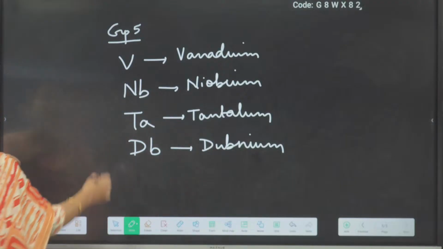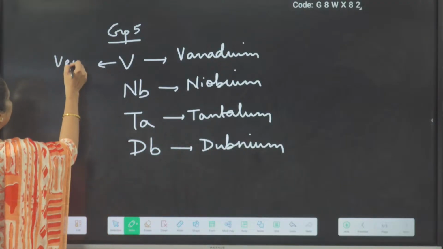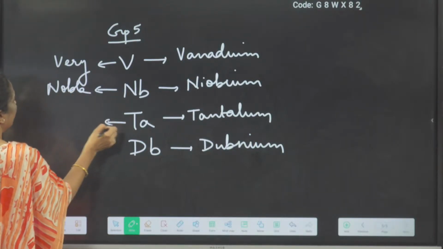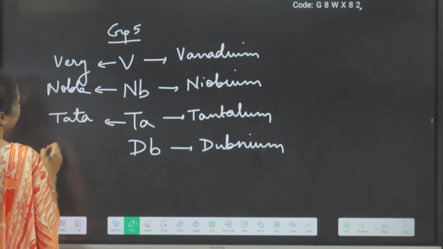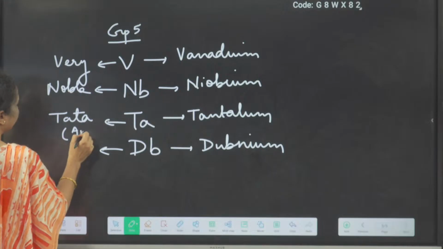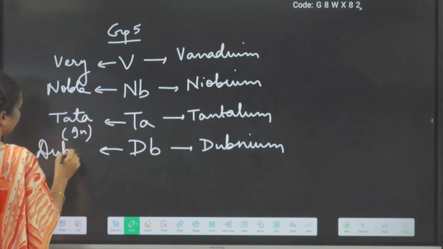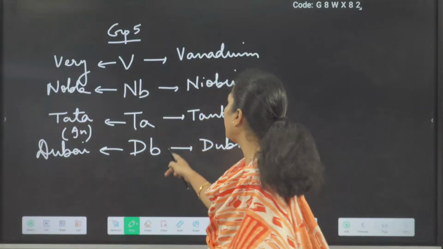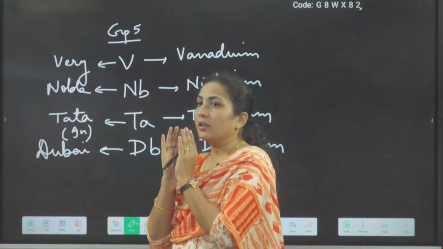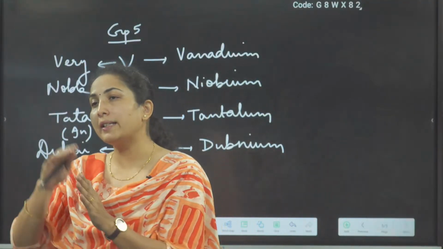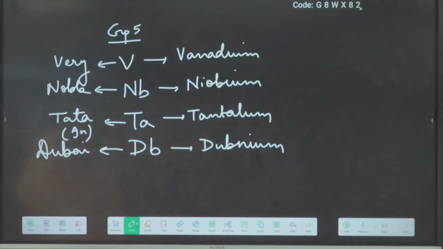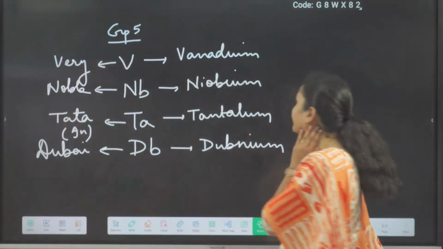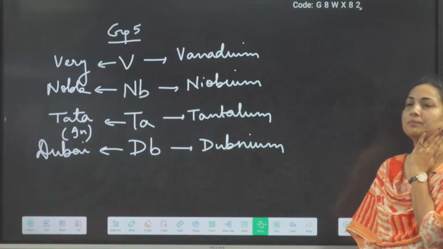So you're telling your friends, do you know whom did I meet today? Very noble Tata in Dubai. Right? So that way you will be able to remember. And DB here is basically an element which is based upon the name of a city. Dubna, in Russia.